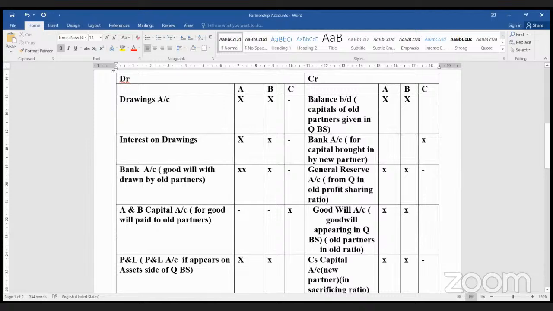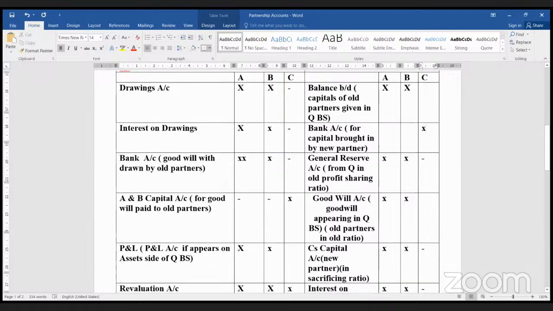Coming to the partners' capital account, on the credit side: the balance, drawdown, which is to be taken from the question balance sheet, the capital balances of old partners, and bank, that is for the new partner's capital, including the goodwill and capital. And then the general reserve given in the question balance sheet is to be distributed among the old partners.